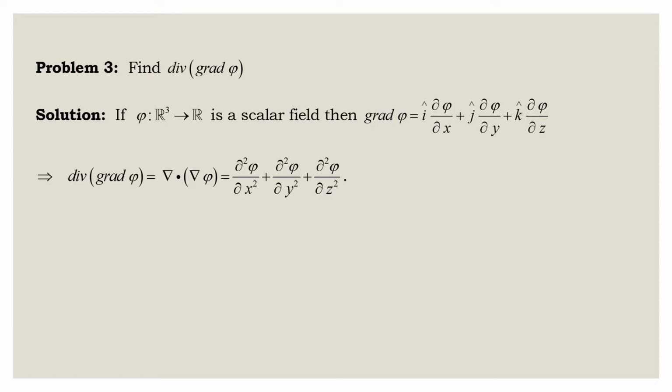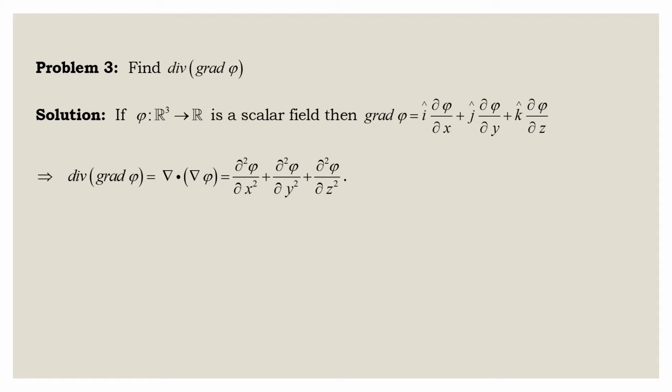Here, ∂/∂x of ∂phi/∂x plus ∂/∂y of ∂phi/∂y plus ∂/∂z of ∂phi/∂z becomes the divergence of grad v. That again equals ∂²phi/∂x² plus ∂²phi/∂y² plus ∂²phi/∂z².